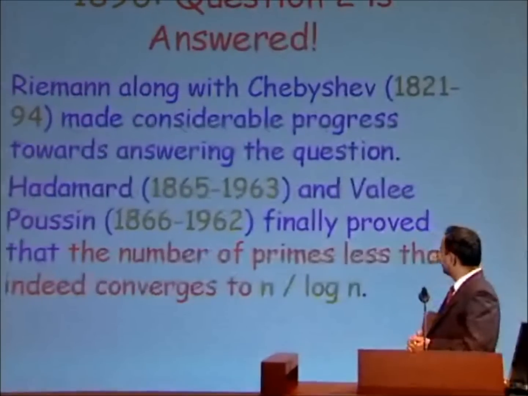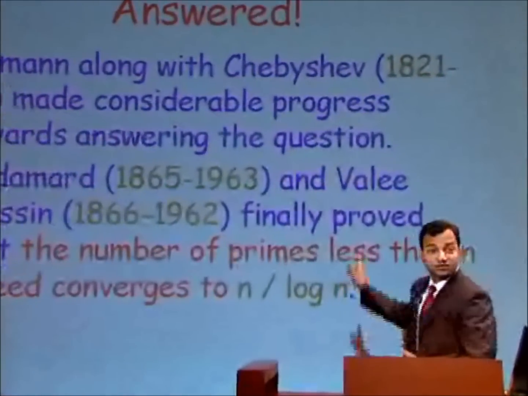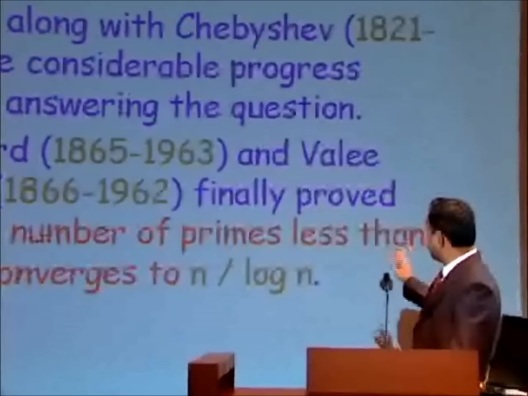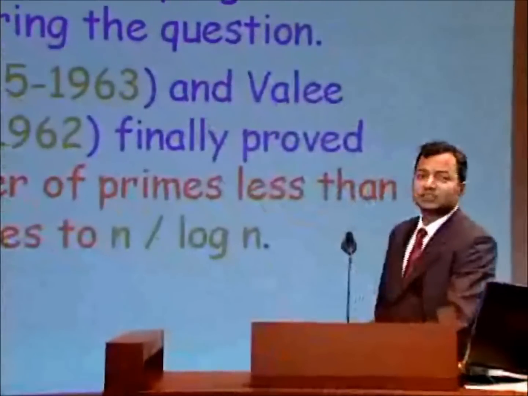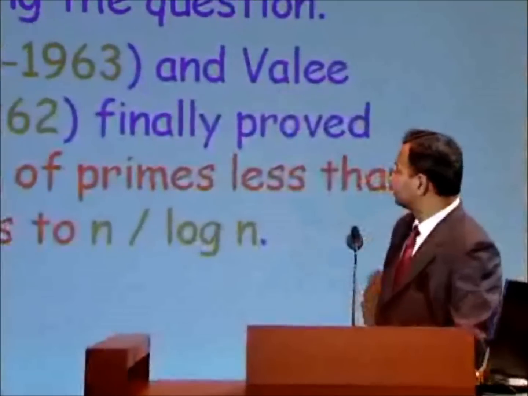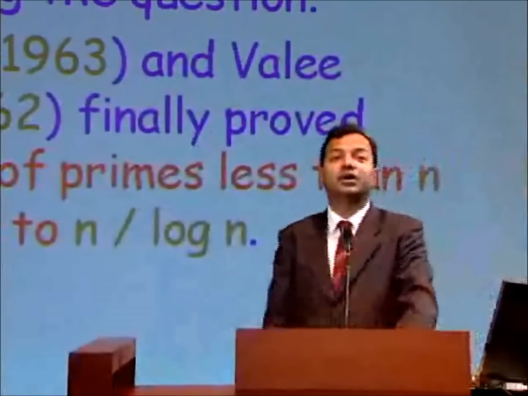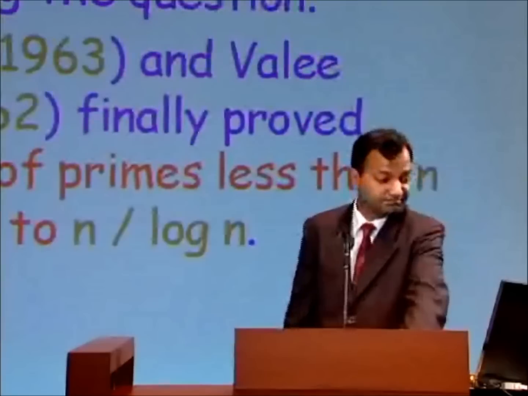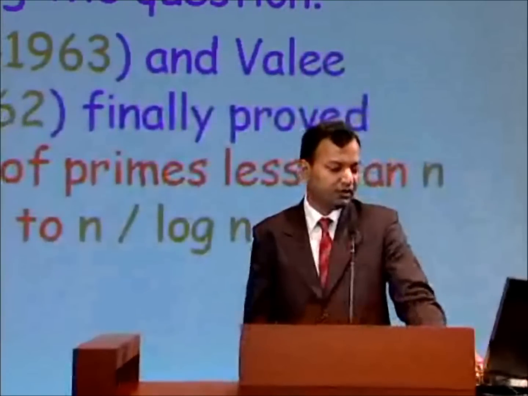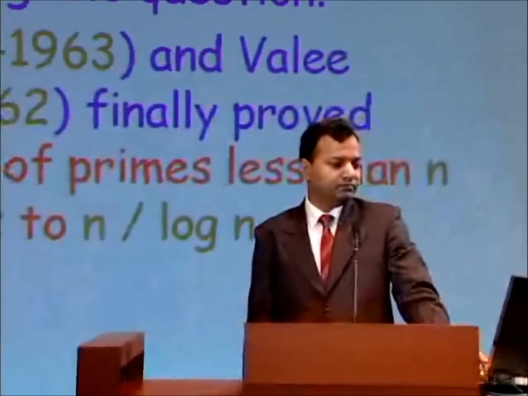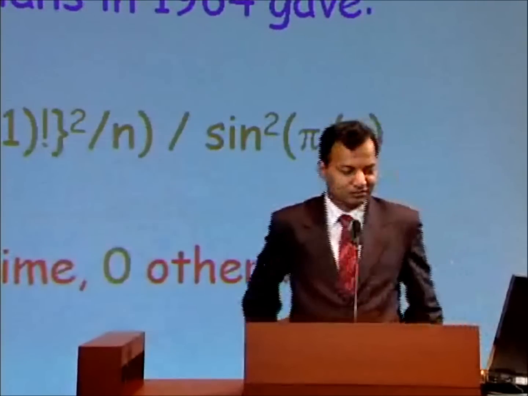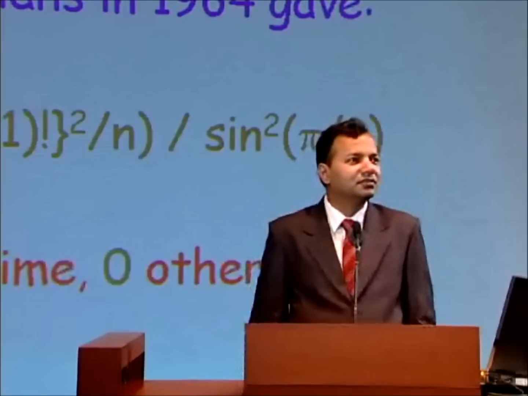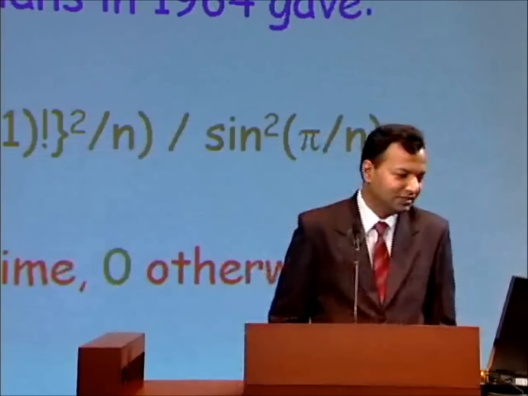Hadamard and de la Vallée Poussin, I'm not sure about the pronunciation, independently proved that the number of primes less than n converges to n over log n, which was conjectured by Gauss and Legendre. So we have answered question 2 as well, but it took about 2000 years to answer that.